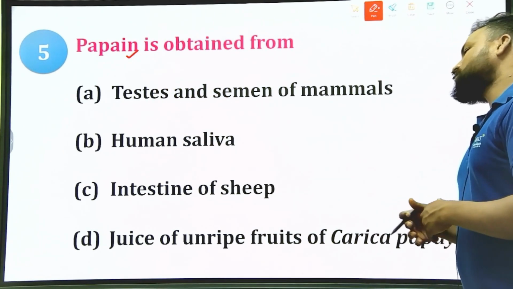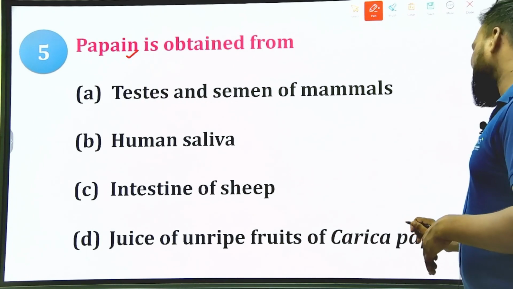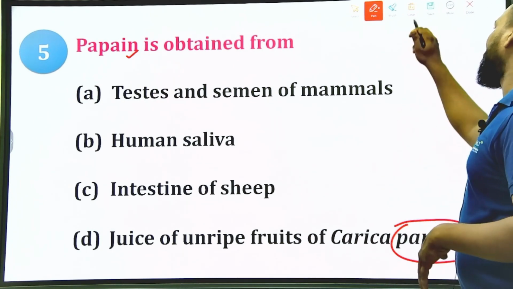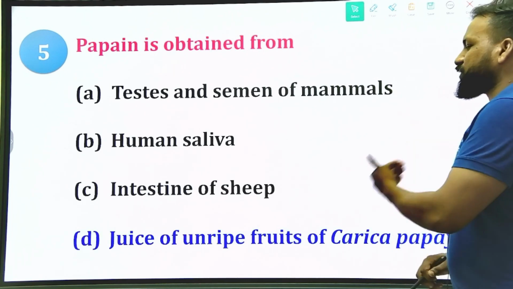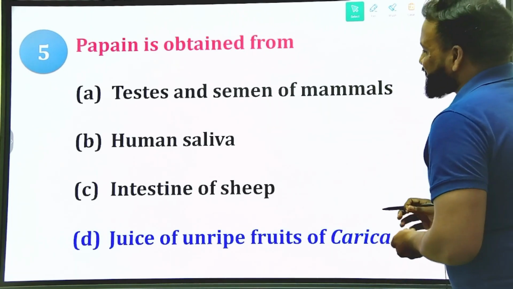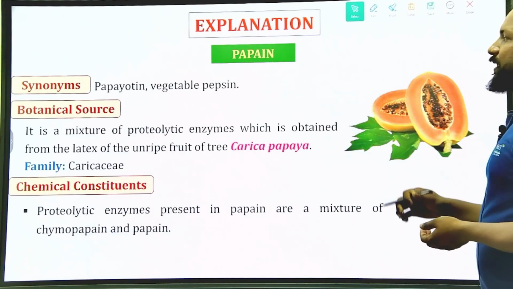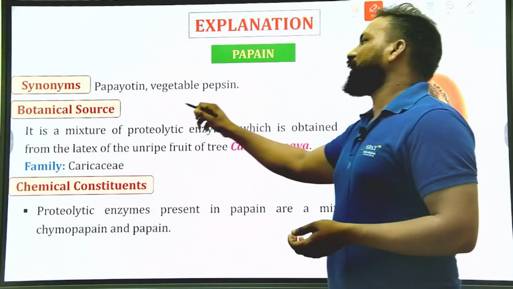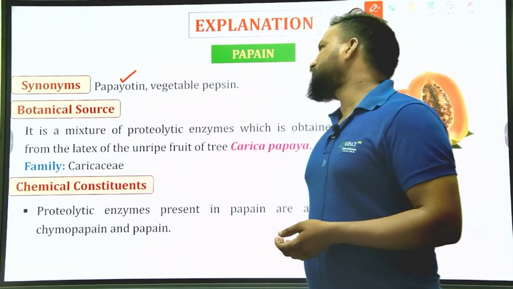Whereas the juice of unripened fruits of Carica papaya gives papain or papaya. The right answer is option D, undoubtedly, because papain is an enzyme obtained from Carica papaya. The synonyms are papayotin, vegetable pepsin.